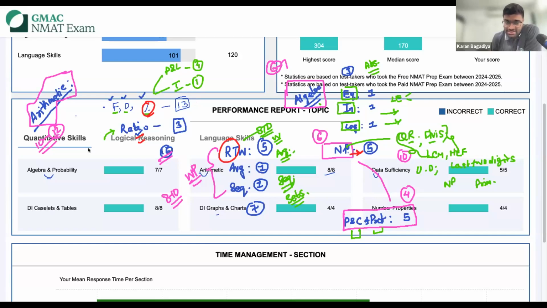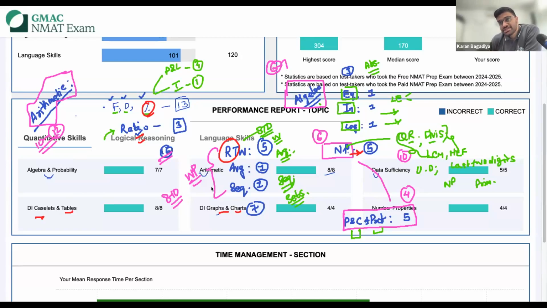More calculation, yes. Especially these caselets and tables and graphs and charts of NMAT, I have seen over the years can be quite time consuming. So whether to leave it or not is tricky, because they are easy, but you have to calculate a lot. So you have to see whether you're behind or ahead. Are you very strong in the other topics? Maybe leave it.